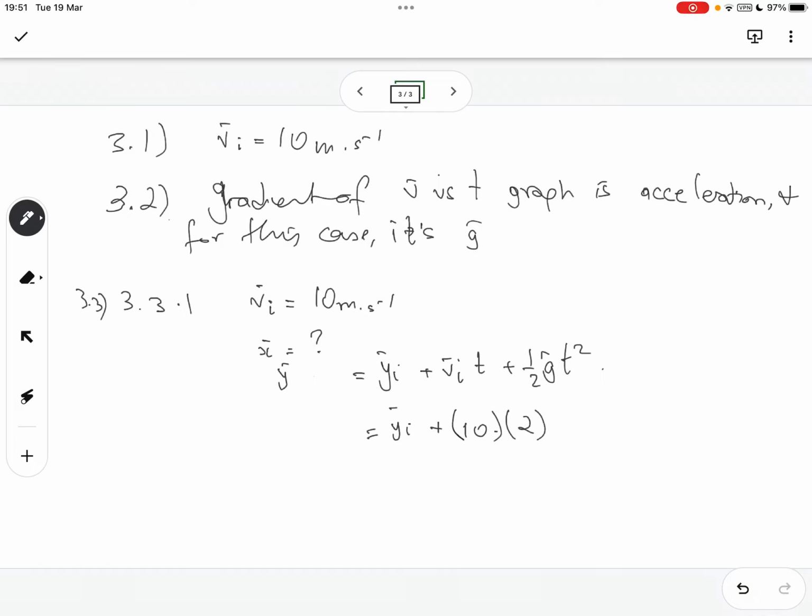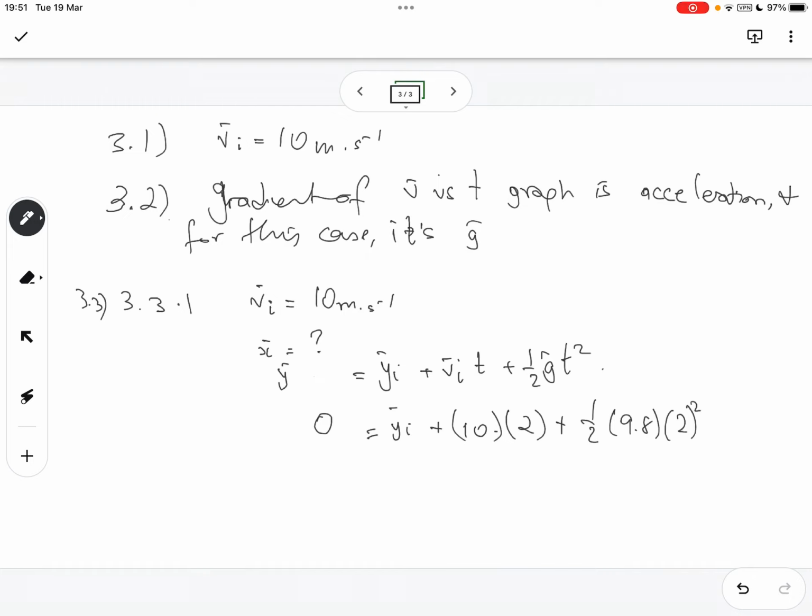The time is 2 seconds. Yes, 2 seconds, definitely. Plus a half into 9.8 times 2 squared. So then the second y should be 0.